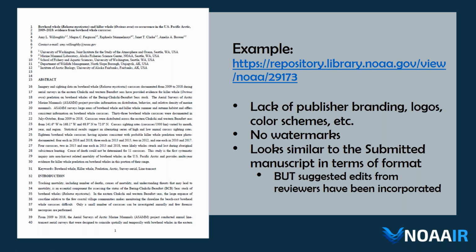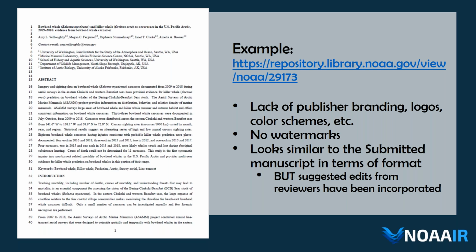It looks really similar to a submitted manuscript in terms of format, but it has the edits that were put forth by the reviewers incorporated into it. And this is the format that's sent back to the publisher. The next version is what's usually a galley proof, a proof version, or a copy editing version. Depending on the publisher, they name it different things all the time. So this is what we're talking about when we're talking about an accepted manuscript.